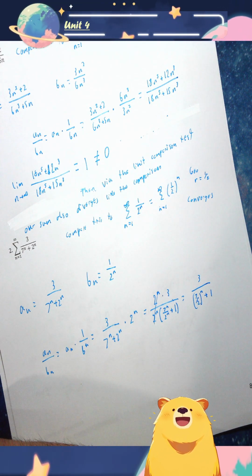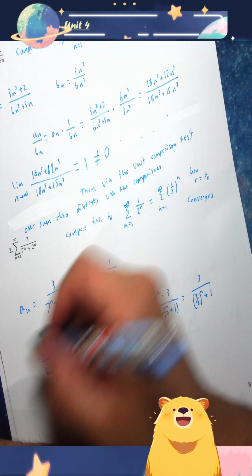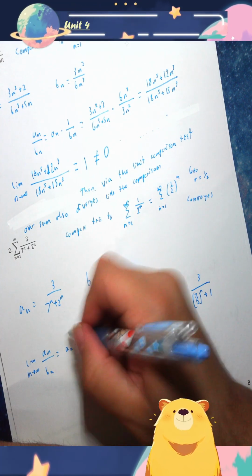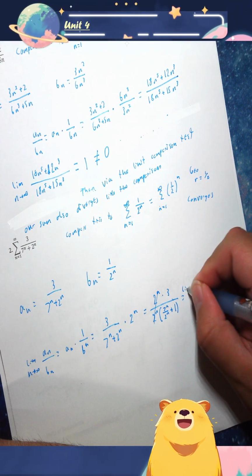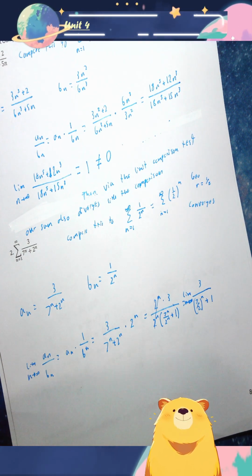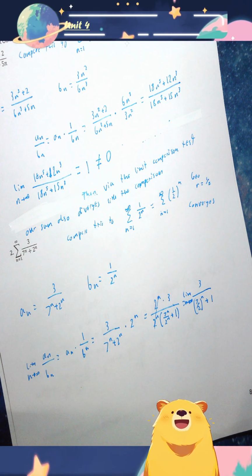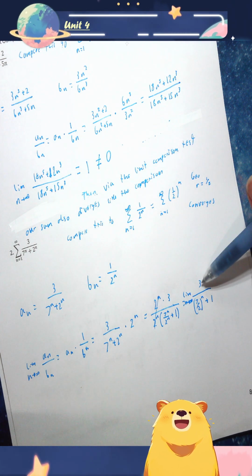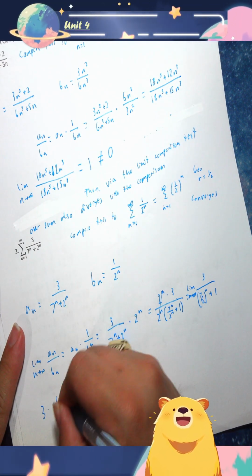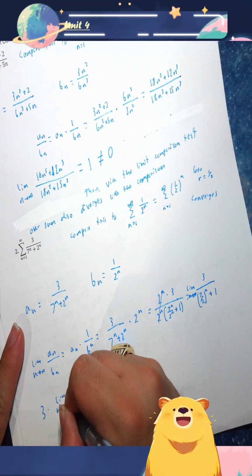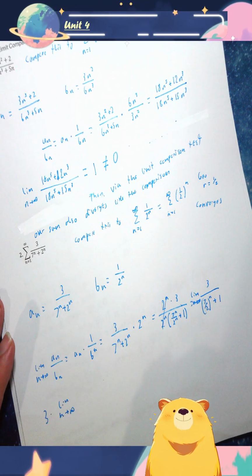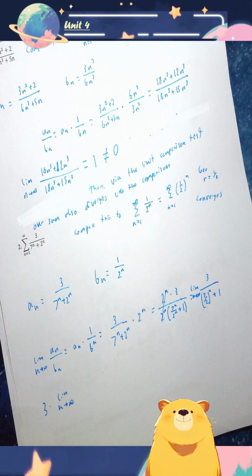And you're left with 3 over 7 over 2 to the power of n, plus 1. Oh, I forgot to write the limit the whole time. Limit as n goes to infinity. I'm going to rewrite it here just so hopefully you're following along. From here, I'm going to take the 3 to be on the outside, so 3 times the limit as n goes to infinity.